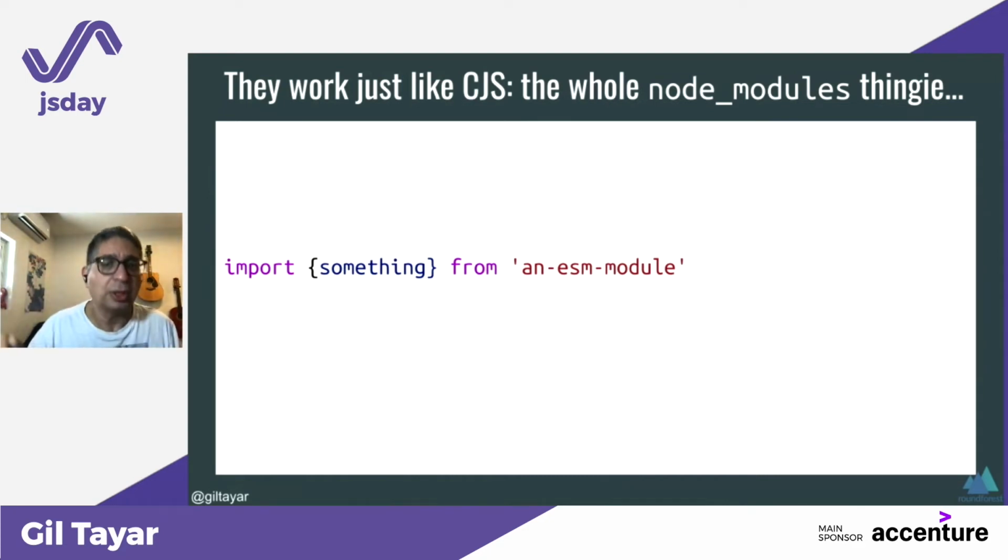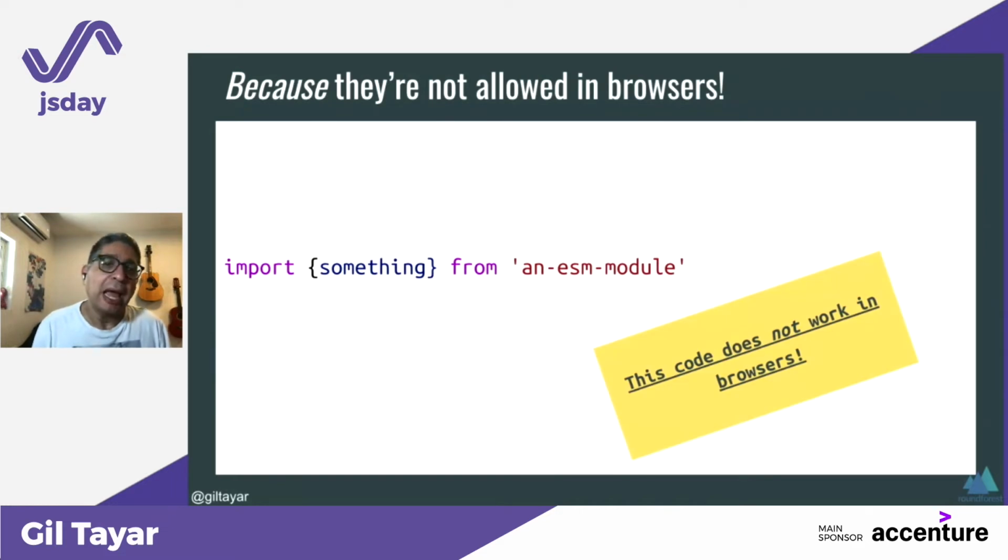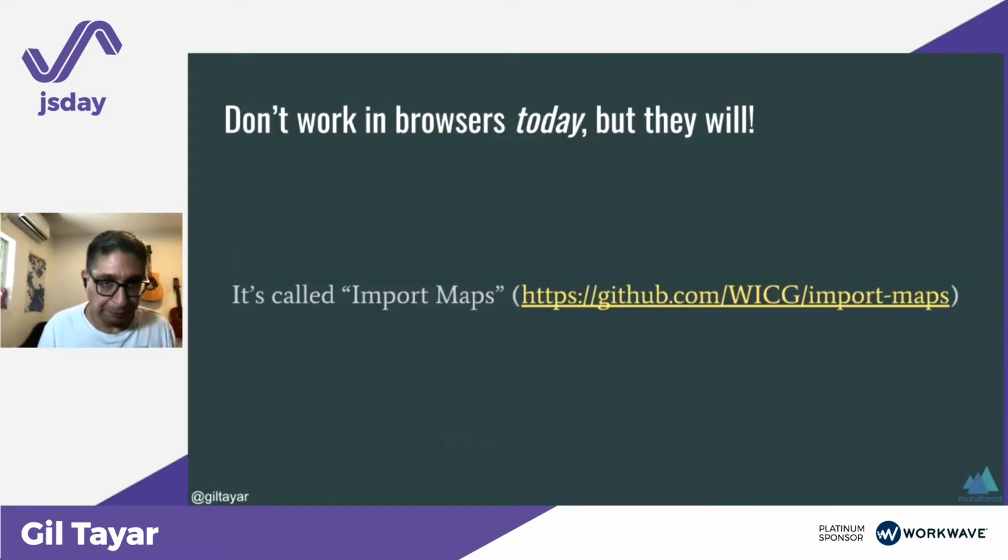If there's no dot, it works like CJS. And why is that? Well, that doesn't make it browser compatible. The answer is that browsers don't allow bare specifiers. Browsers have to have either a full URL, http:// whatever, or a path. Bare specifiers are not allowed in browsers, so Node can do whatever it wants.